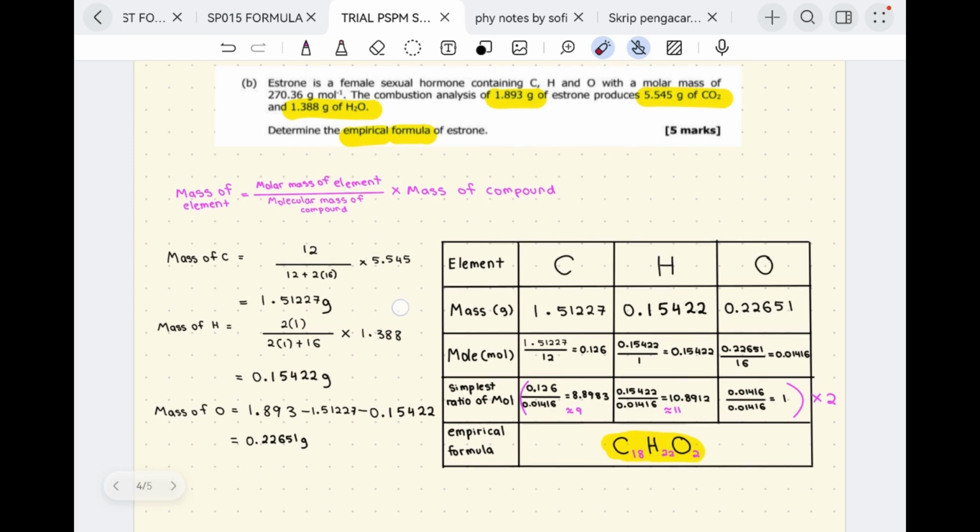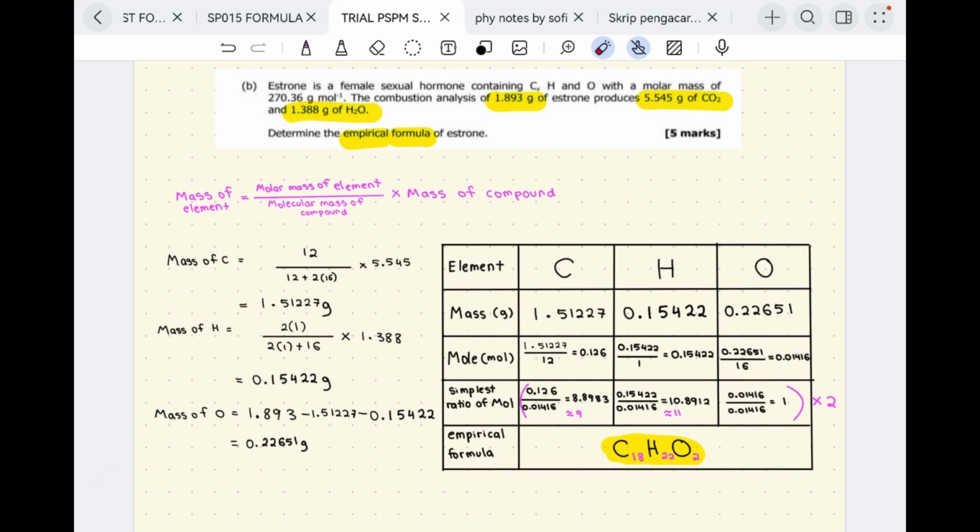Now to find the mass of oxygen, we need to do subtraction, because as we know the overall mass of the compound is given here, and we already know the mass of C and the mass of H. So what's left is only the mass of oxygen, because when we subtract the element masses, C and H, from the overall compound mass, we are only left with the mass of oxygen.